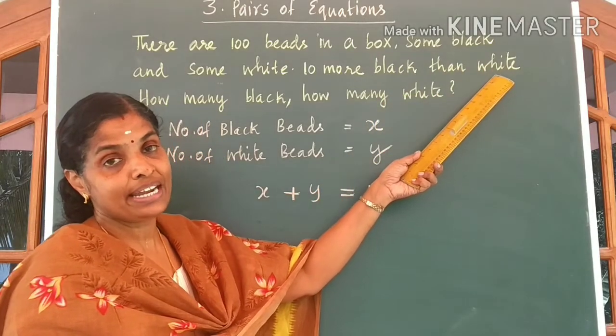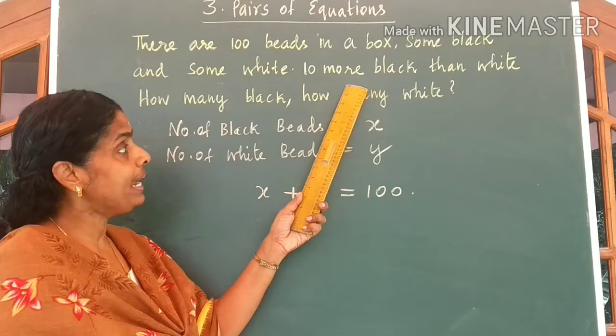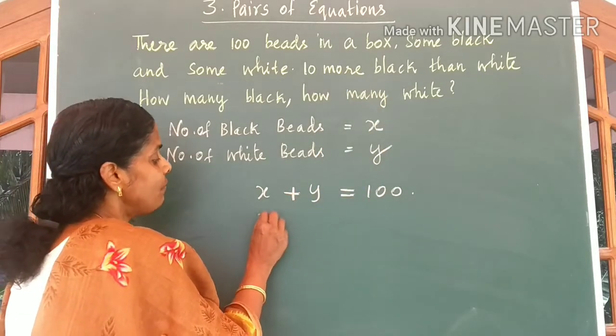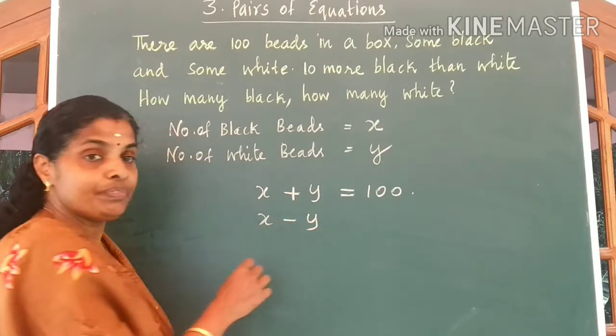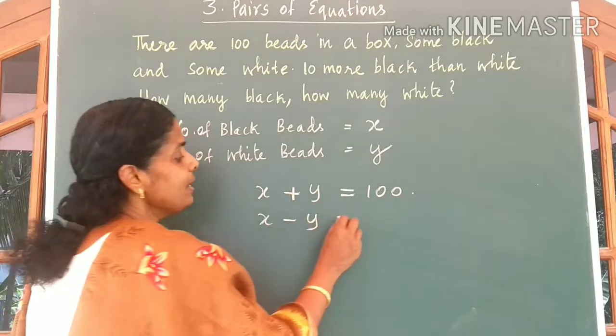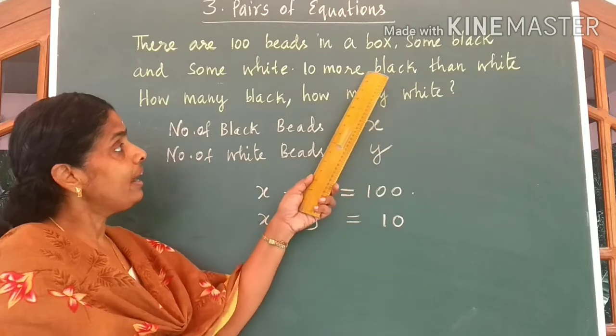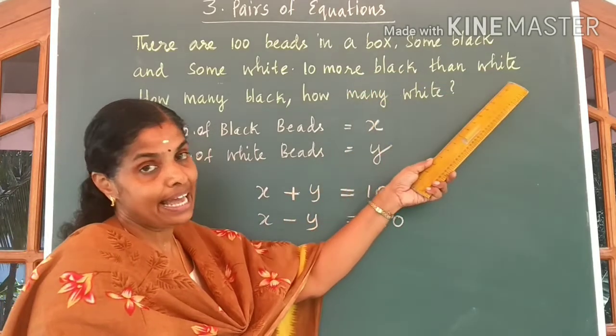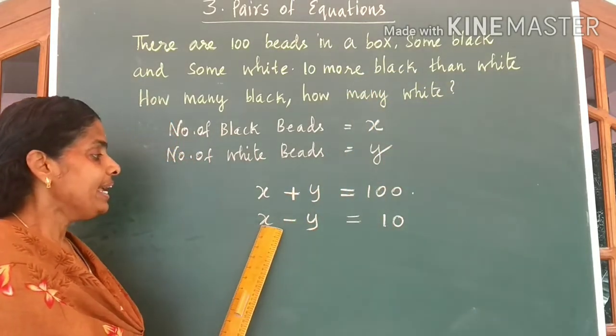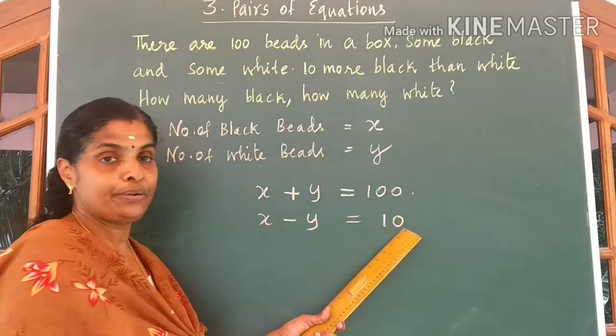From this, what did you understand? If you subtract the number of white beads from the number of black beads, you will get 10, because there are 10 more black than white. So I wrote x minus y is equal to 10.